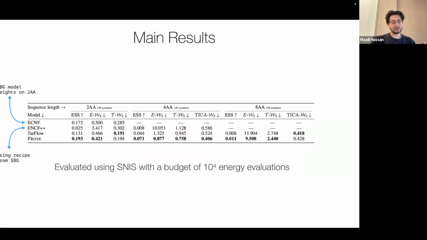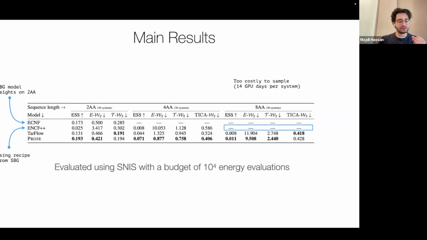We train an ECNF using the training recipe outlined in the sequential Boltzmann generator, and this ECNF is trained on dipeptides and tetrapeptides, and we evaluate it. And we evaluate the standard TarFlow, which uses the additive conditioning and just the normal transformer architecture. And Prose has these modifications to the architecture plus chemistry-aware permutations.